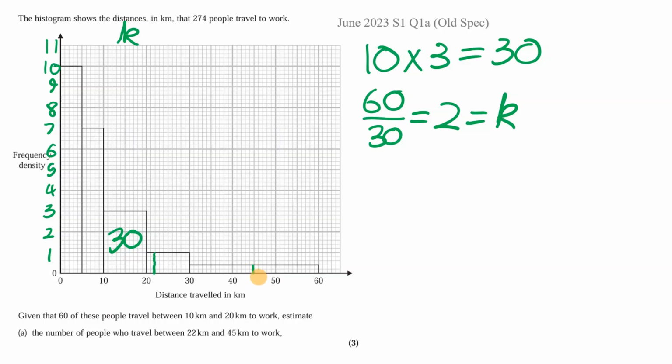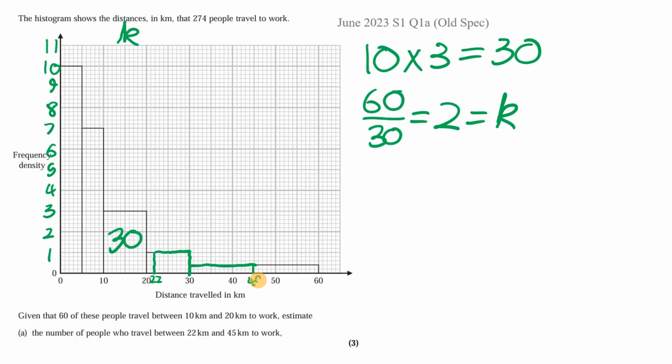So this is 45 kilometers, and we're essentially going to treat these as if they are bars in the histogram. So what I mean by that is we're going to find the area of this bar here and the area of this bar here. If we start with this bar, we're not including this section here of the 20 to 30 bar, we're only including this here where this is 22.